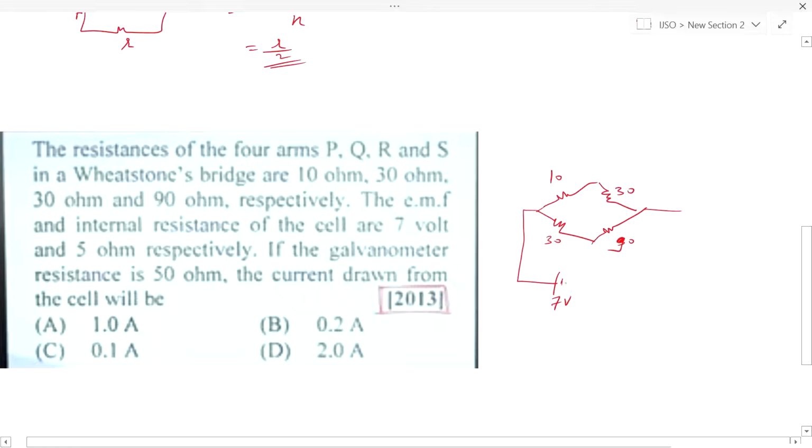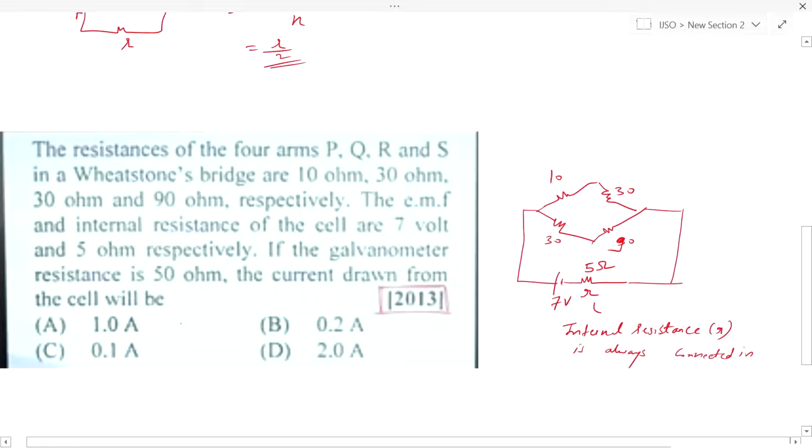0.1? No, ampere. There is a little mistake. Internal resistance, you've connected this in series, no?